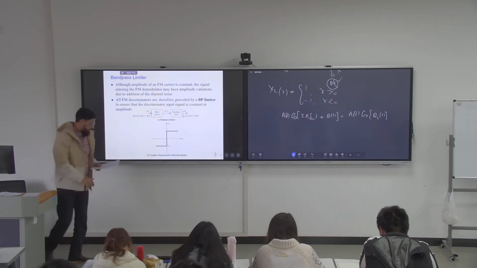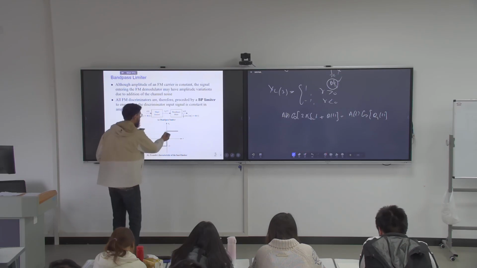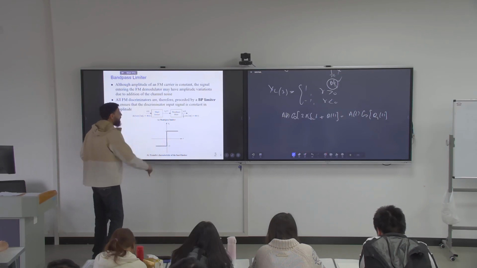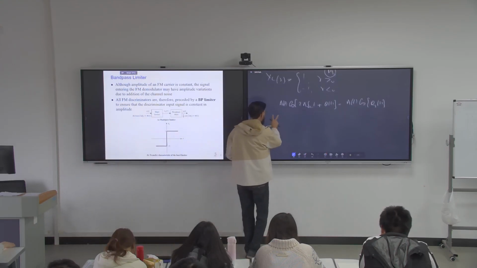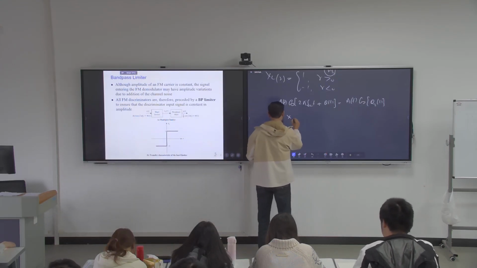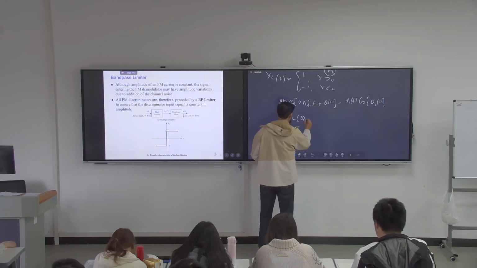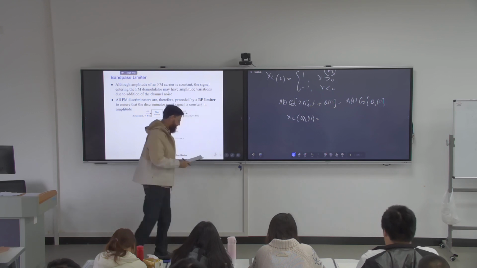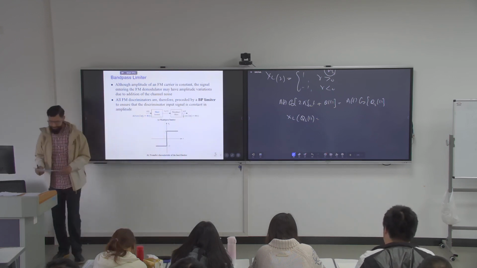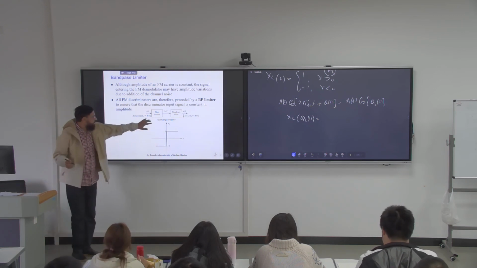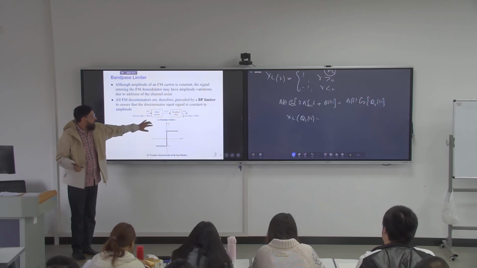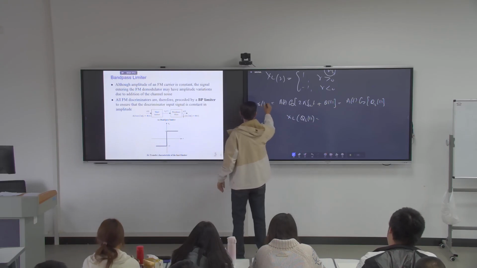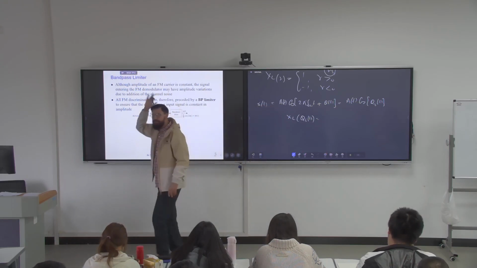Now, when I pass this signal through this hard limiter, I want to find what X_L of phi_i(t) is equal to. This is my received signal r(t) at the demodulator side.